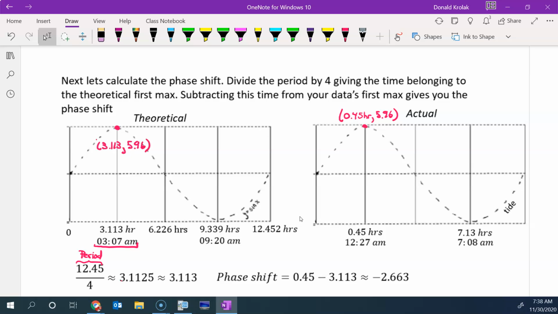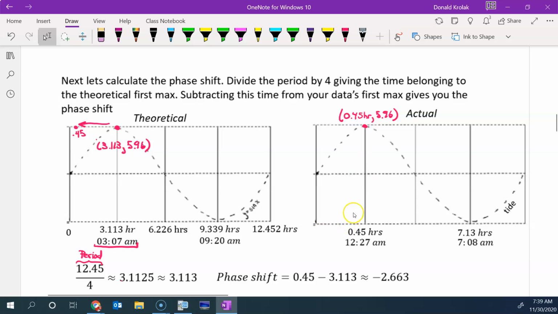Okay. So what we have to do is, how far do we got to take this point over here and move it so that it lines up with this point? Well, which way would you have to move it? This is at 3, this is at 0.45. Would you move this to the right or to the left? Think, where's 0.45 if this was 3? Yeah, 0.45 is going to be way over here somewhere. So you're going to have to shift this to the left so that it lines up with that.